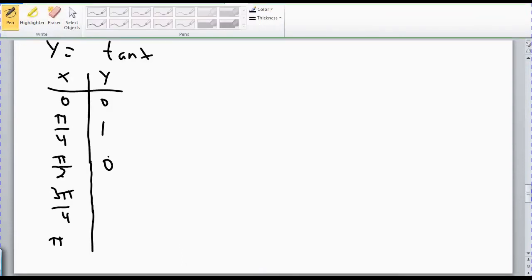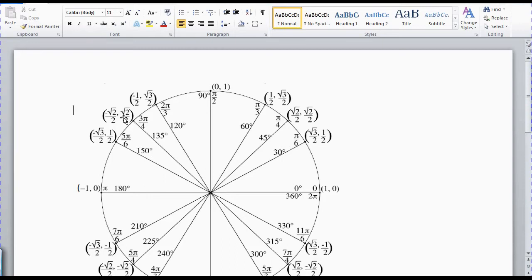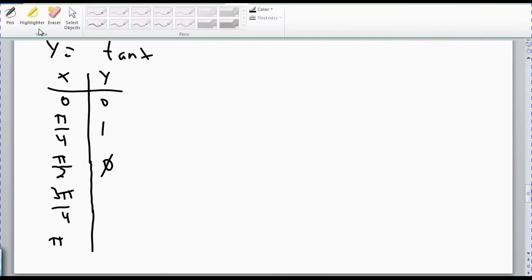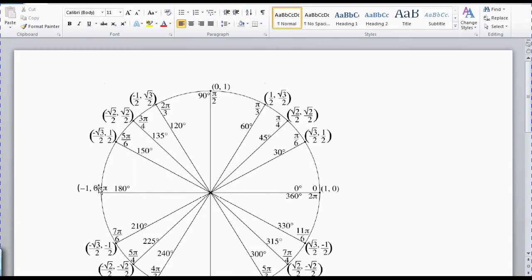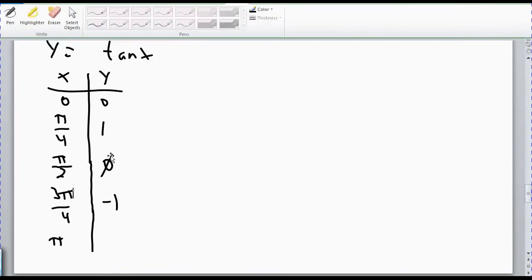So I'm going to use this notation showing that it's undefined. And 3 pi fourths is anything divided by itself, but it's a negative, so it's a -1. And then pi, 0 divided by -1 is 0. And you can also use your calculator, and I'll show you that here in just a second.